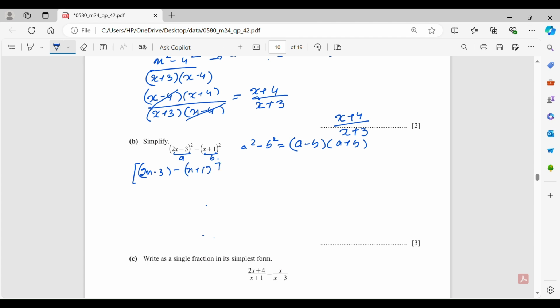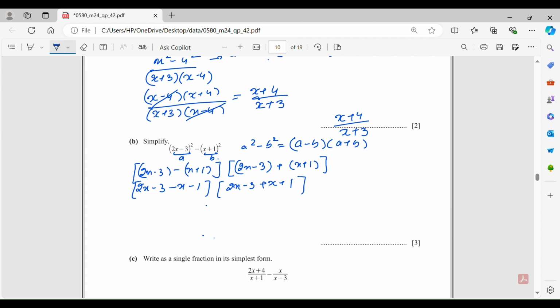The second bracket will be 2x minus 3 plus x plus 1. Now this will be 2x minus 3 minus x minus 1, and for the other it is 2x minus 3 plus x plus 1.